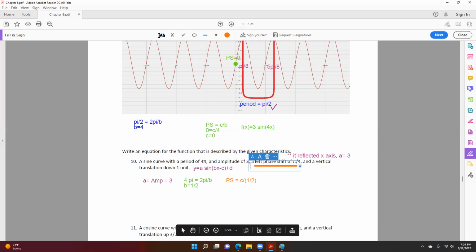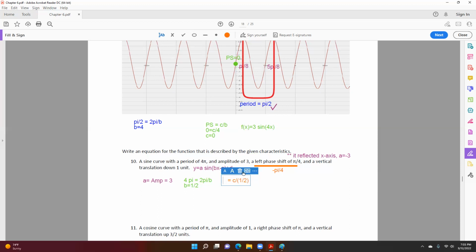When you move to the left of pi over 4, it means that your phase shift is -pi over 4. Why is your phase shift negative? Because when you move to the left, you go to the left side, so you put a negative. So this phase shift will become -pi over 4.